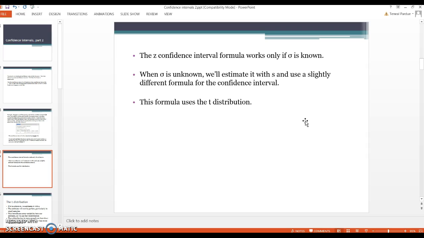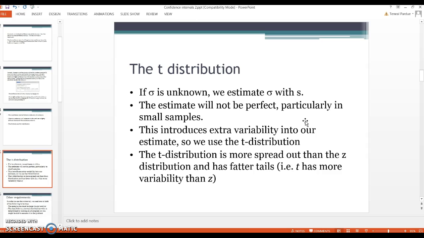If we don't, we estimate it with the sample standard deviation, and there's a slightly different formula that's based on the t distribution. The Z confidence interval is based on the Z distribution that we've been talking about, whereas this one is based on a slightly different distribution.